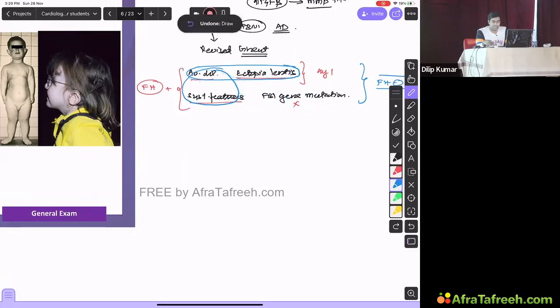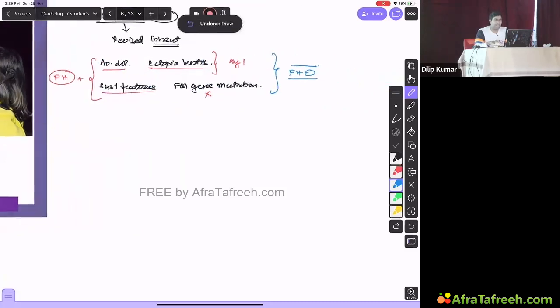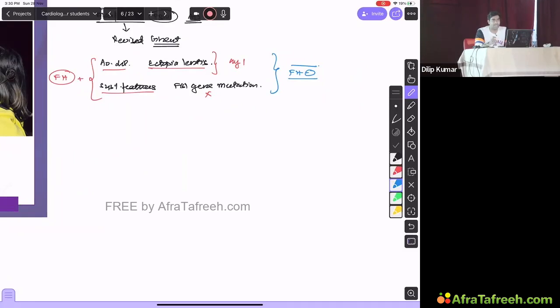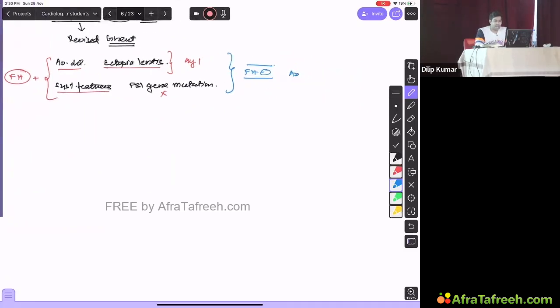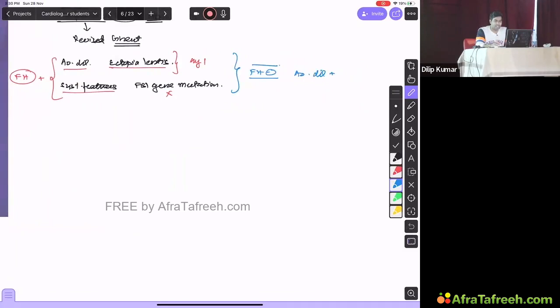So it's actually quite simple. In the absence of family history, you definitely need a combination. Just one feature will not be sufficient to diagnose Marfan in the absence of family history. So the combination is what? Aortic root dilatation plus any one of the remaining three features, as I've told you, or second is ectopia lentis plus fibrillin 1 gene mutation.